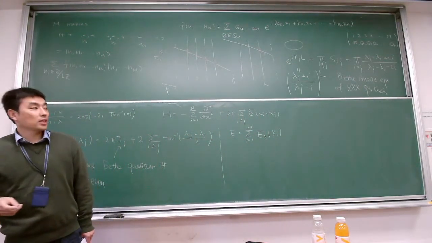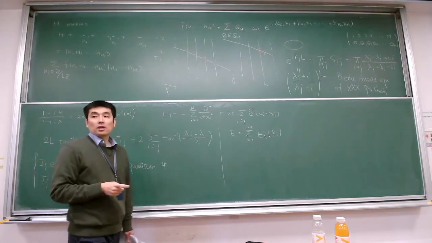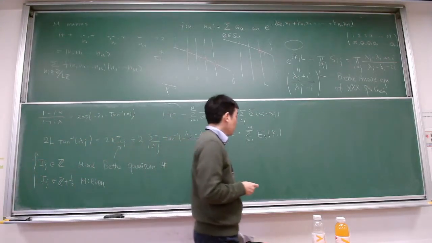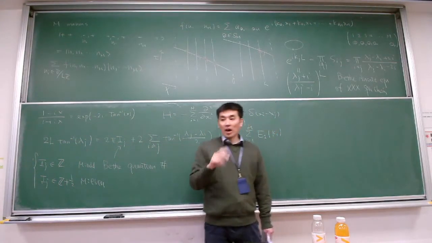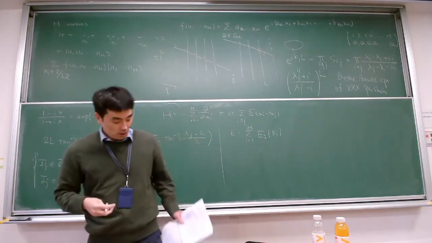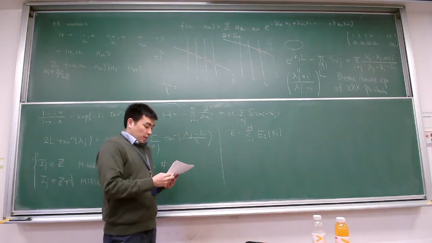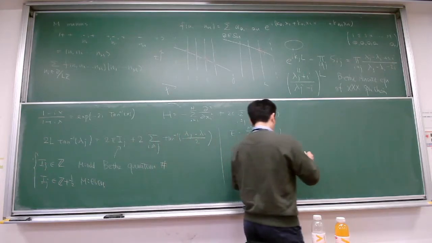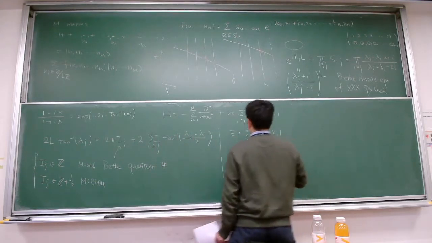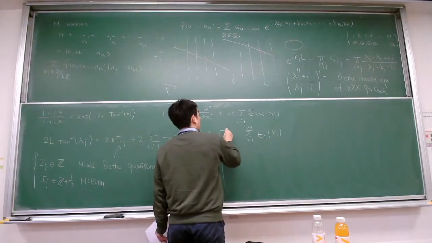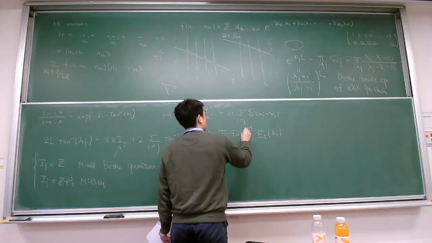That's what you expect from the two magnon scattering amplitude. Then we plug that in here, and essentially E minus E0 should be this one.